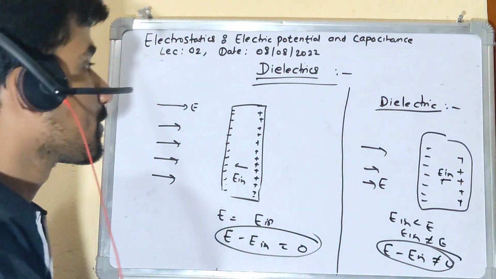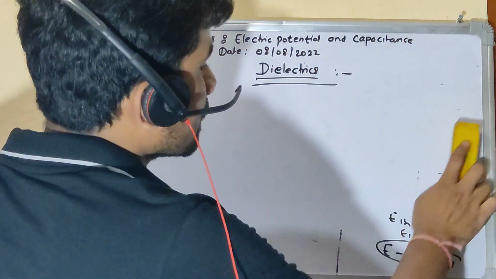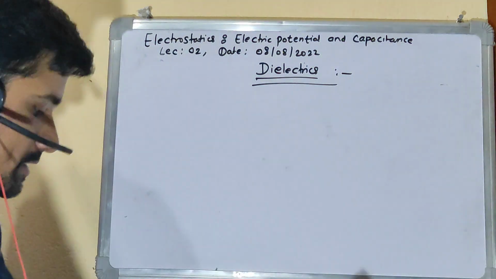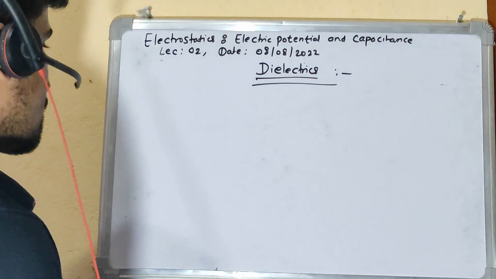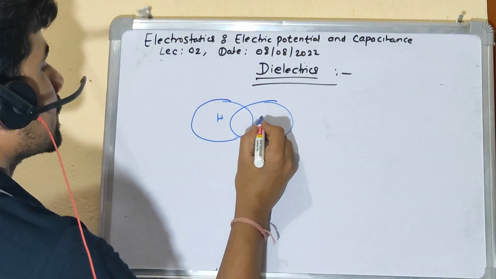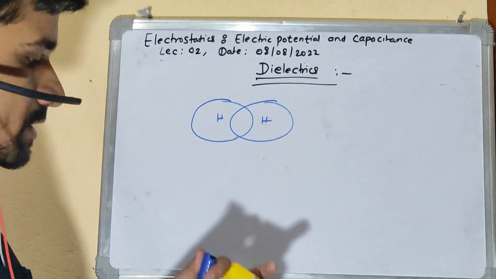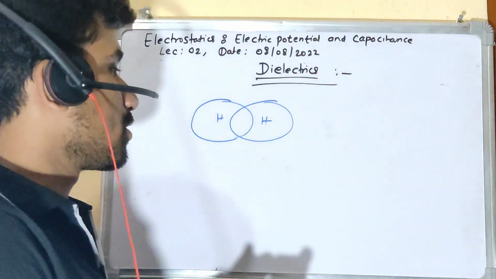Let's understand in terms of chemistry. Let's take the example of an H2 molecule. This is a non-polar molecule. Why?